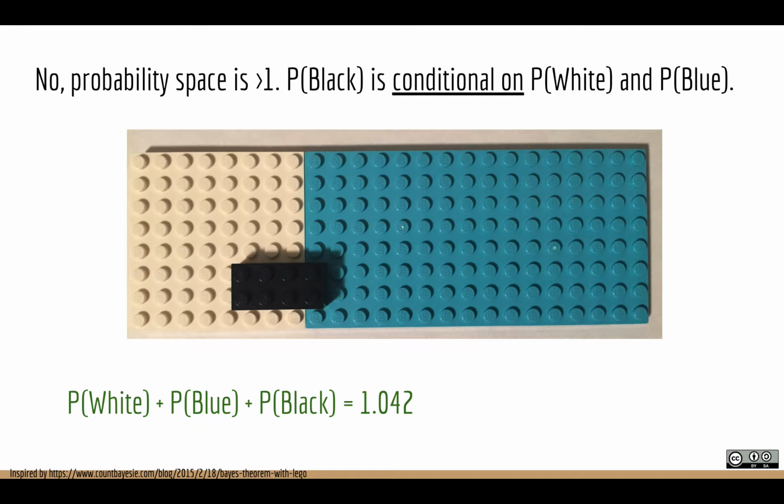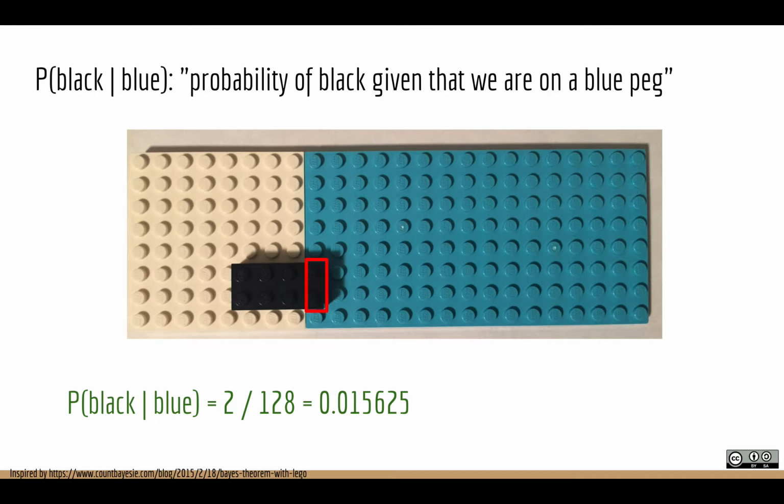So there is this condition, okay? And that's, I think, the best thing about this analogy for understanding Bayes' rule and conditional probabilities. Okay, so what we actually have to do is think about the probability of landing on black conditioned on landing on either white or blue.